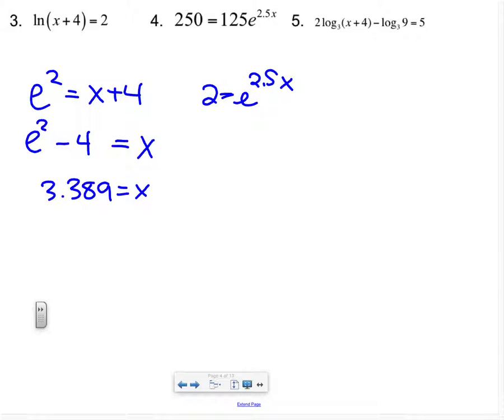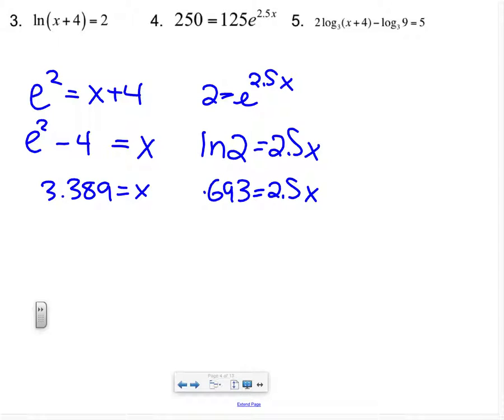How do I get rid of an e? ln. So the ln of 2 equals 2.5x. The ln of 2 is just a number. Let's plug it in my calculator: 0.693. Then you would divide by 2.5 and get your answer, 0.277.